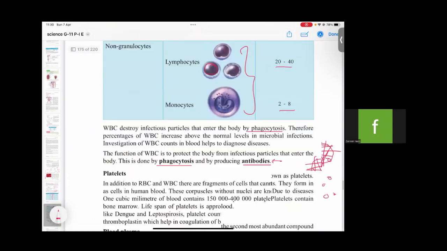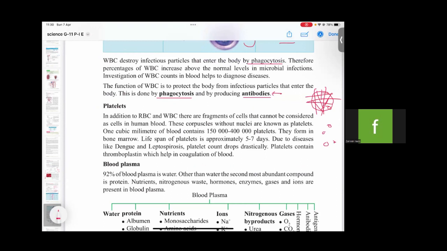What are the functions? The function of the WBC is to destroy the infectious particles that enter the body by phagocytosis. What is phagocytosis? It's a process where you engulf the foreign particles and destroy them.